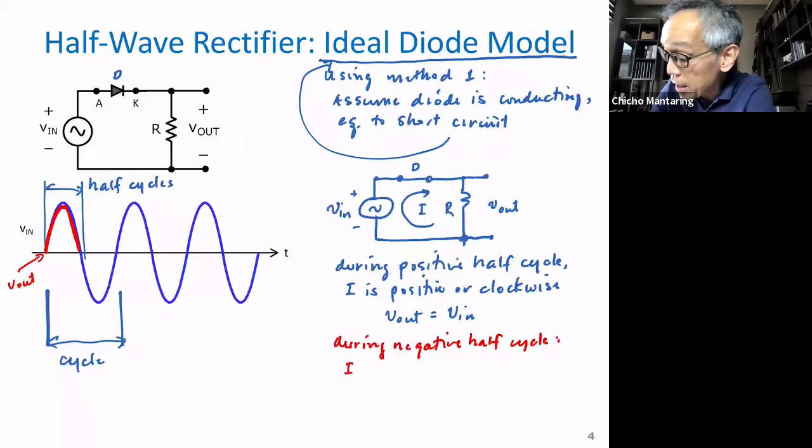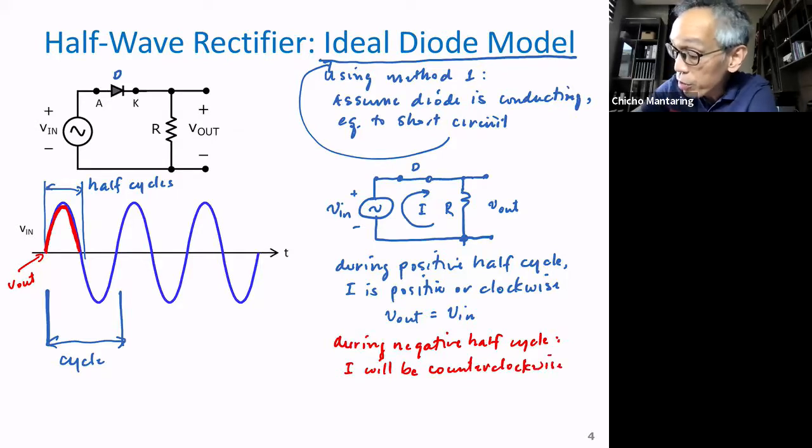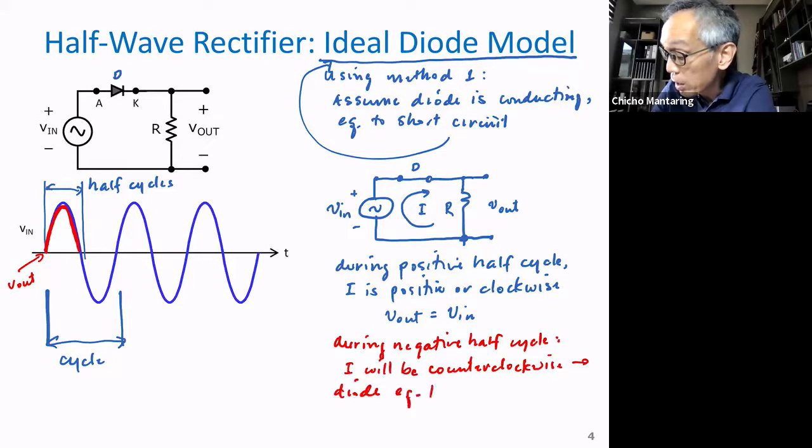I will be counterclockwise. No? Your current will tend to flow in the opposite direction. In other words, kukontra siya dito sa diode. If that is the case, then diode is an open circuit. So diode is equivalent to an open circuit.